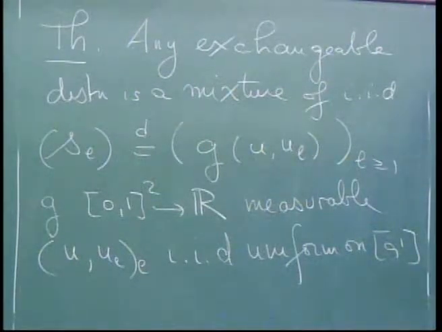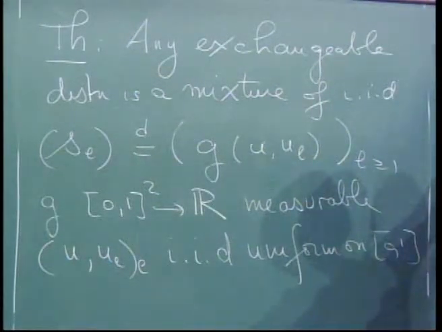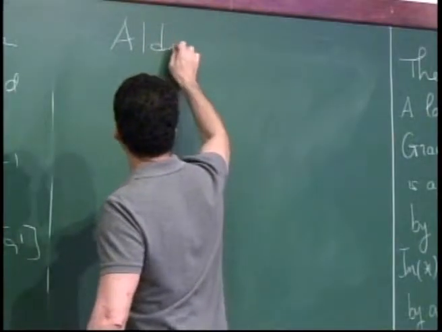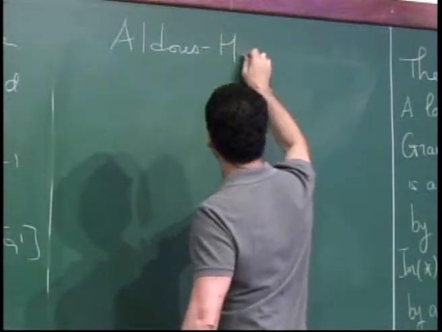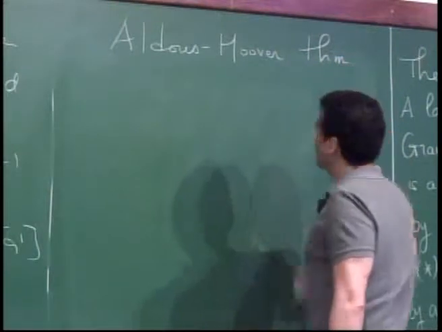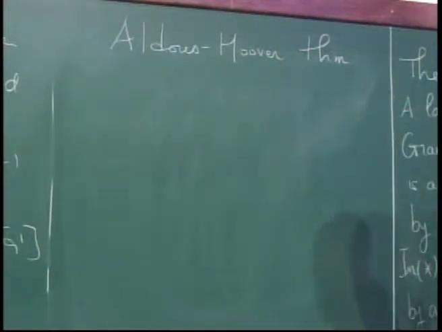All right, now, next step. So the next step is to look at the Aldous-Hoover representation theorem. Now Aldous and Hoover are concerned, so that was in the 50s, I guess, de Finetti.